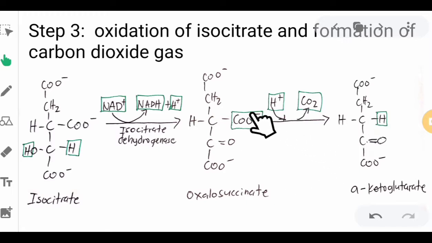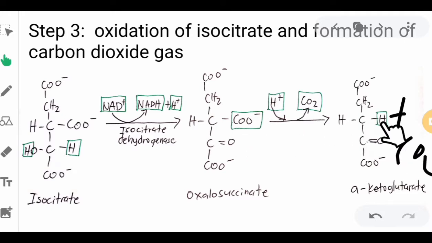So we will be removing this one, and the hydrogen ion will be used in this process, attaching itself here instead of the COO that will be removed, and you will have carbon dioxide gas, CO2. So carbon dioxide gas will be produced here.